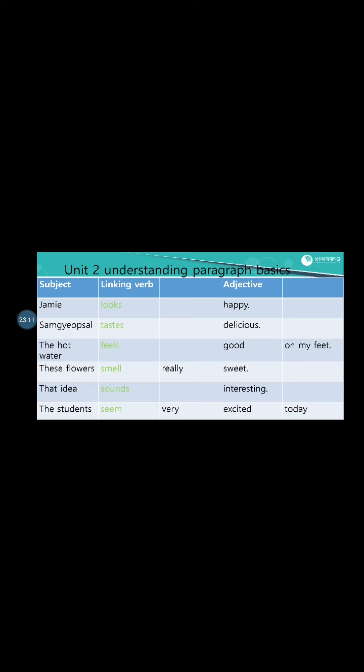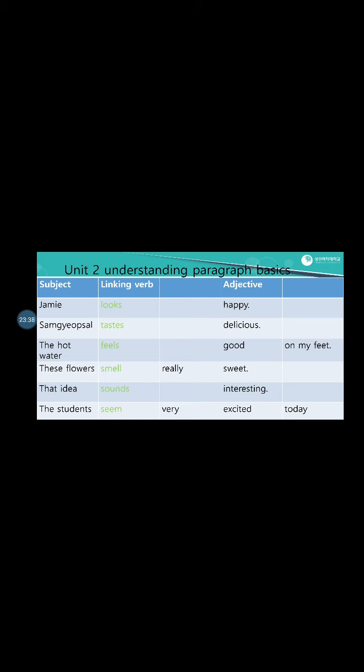Samgyeopsal tastes delicious. The hot water feels good on my feet. These flowers smell really sweet. That idea sounds interesting. The students seem very excited today. So these are the correct answers that I hope you have.